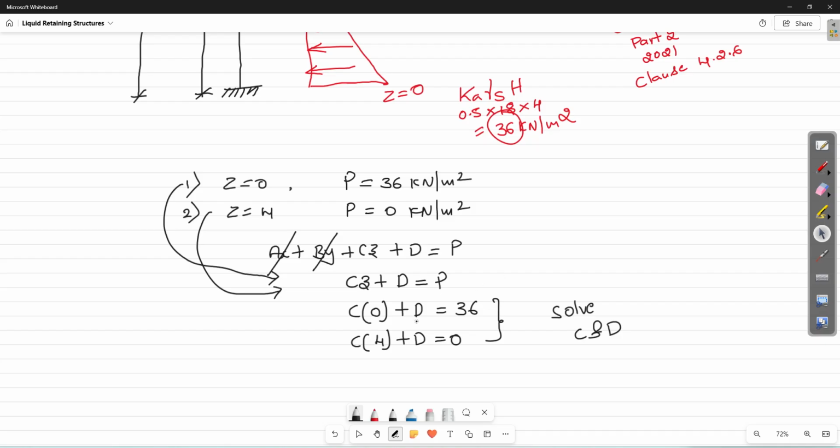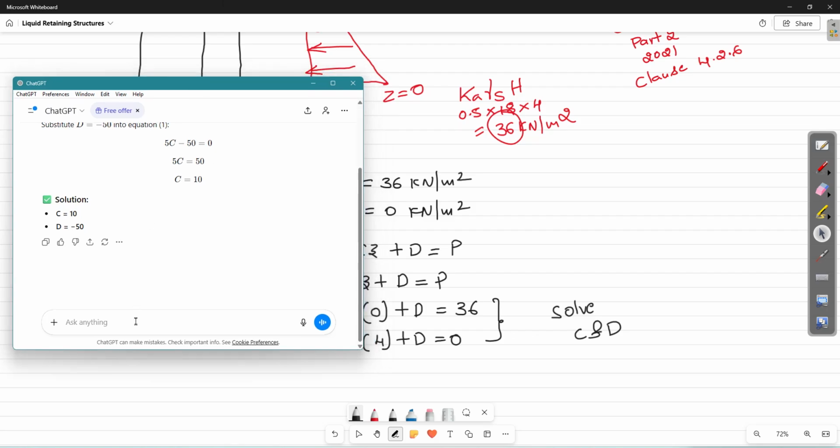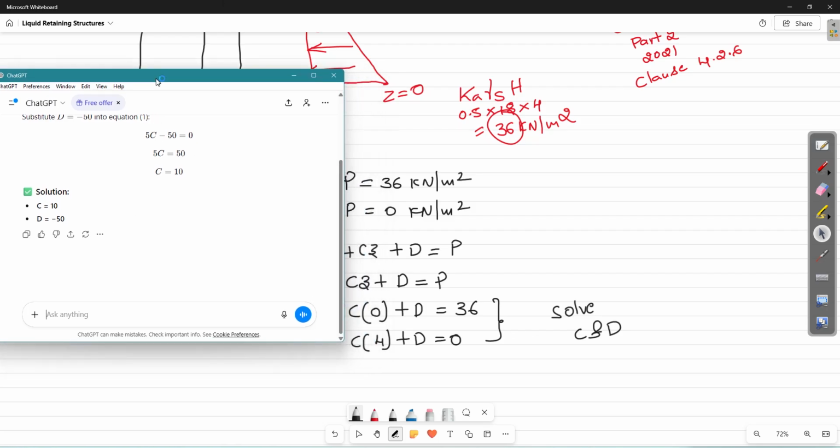Okay. So your first equation is C into 0 plus D equals 36, and your second equation is C into 4 plus D equals 0.